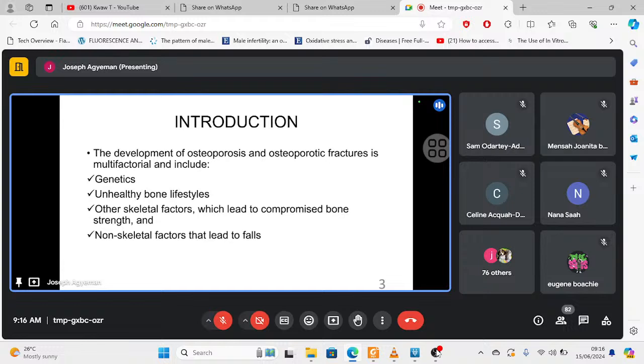With rickets, you don't have enough vitamin D, and that can lead to a very soft bone. All of these can lead to osteoporosis. And of course, if this comes together with factors that increase somebody's chances of falling, for example, balance disorders, movement disorders, Parkinsonism, and other things, once you are having osteoporosis and these problems are also there, the moment you fall, then you get fractures.